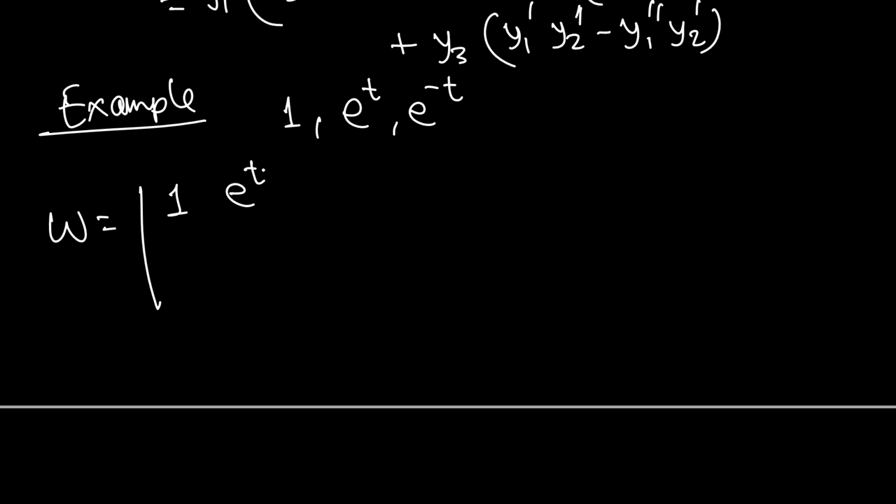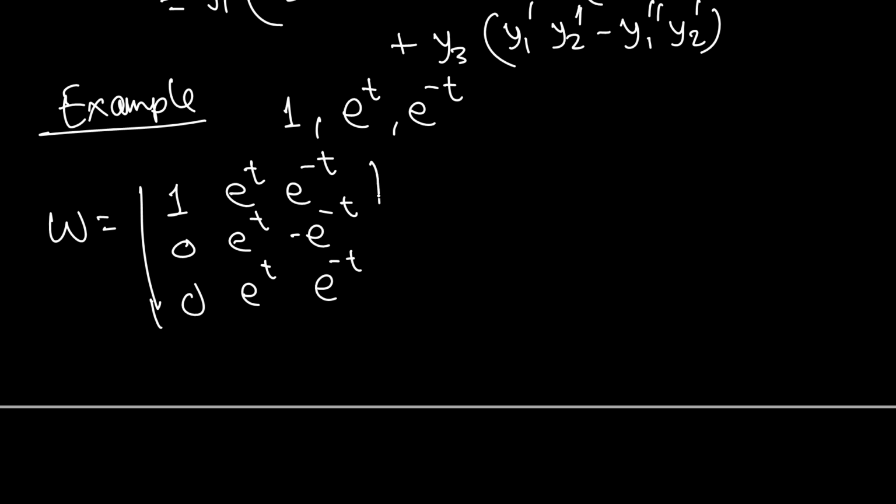So 1, e to the t, e to the negative t, their first derivatives, so 0, e to the t, and negative e to the negative t. Second derivative 0, e to the t, and positive e to the negative t. Now we want to expand this, and it's easier to go along the first column, unlike what I did earlier, because 1, 0, 0, we don't have to even do the 0s.